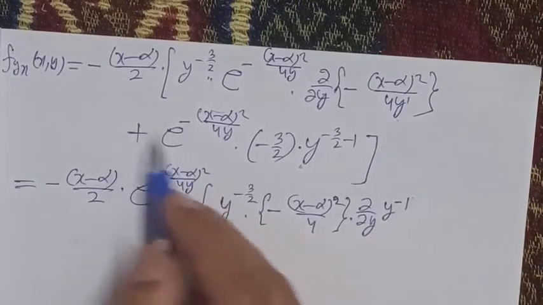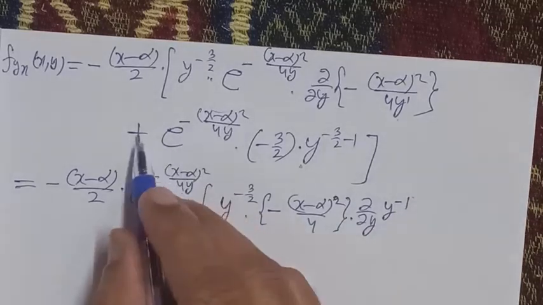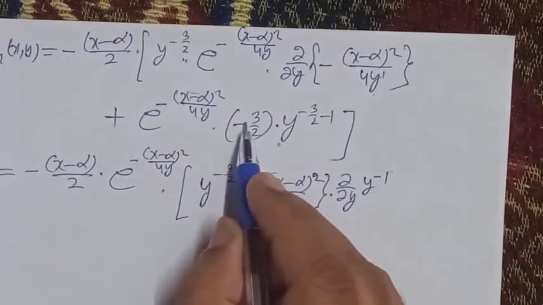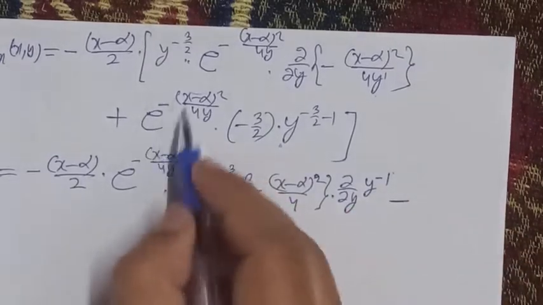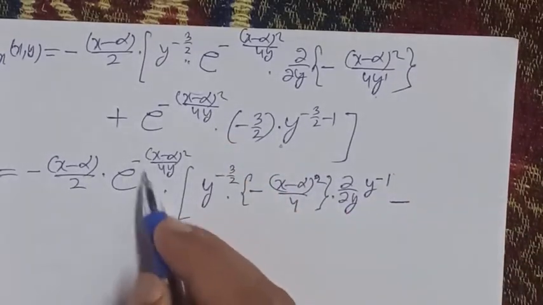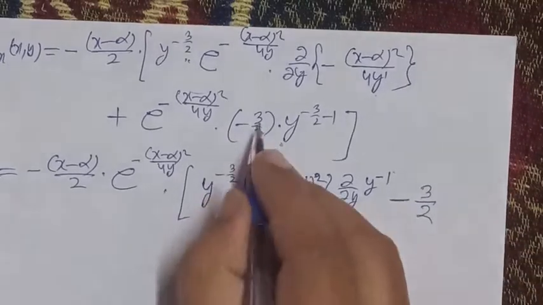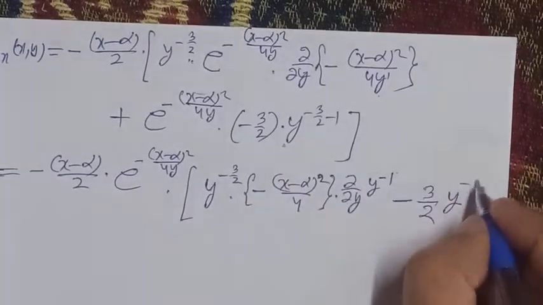Now we should write the second term, but this sign is changed by this minus, so it becomes minus, and this value is taken out from the bracket, so we have to write minus 3 by 2 y to the power minus 5 by 2.